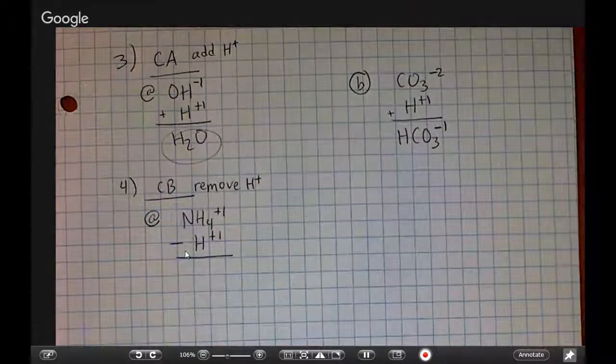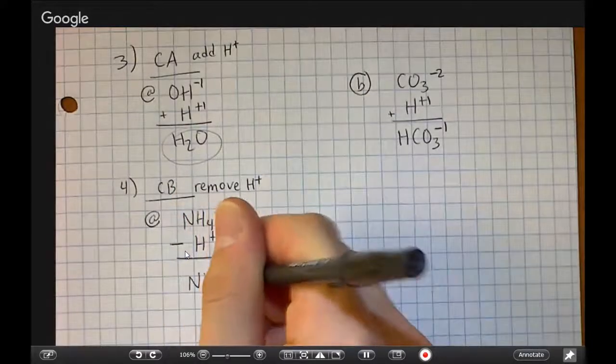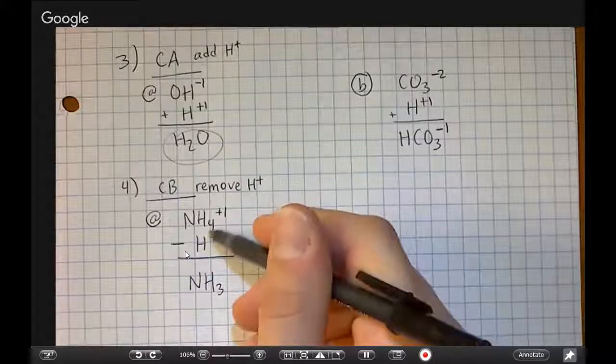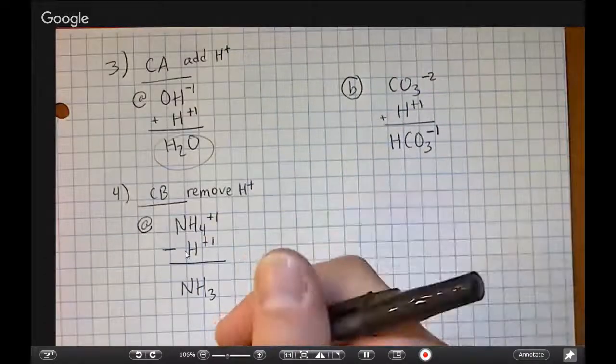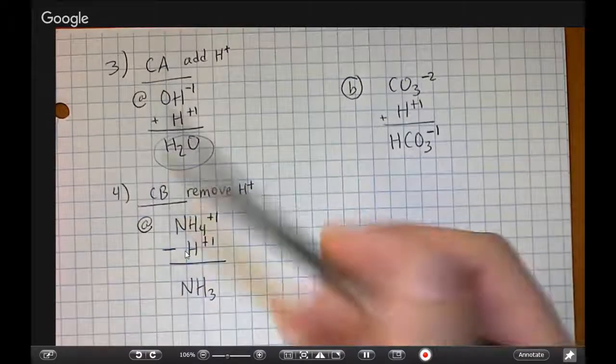So what does that end up with? Okay, we have NH3, because we had NH4. We took an H away, so now we're NH3. And we had a +1, and we subtract a +1, so now we're neutral.